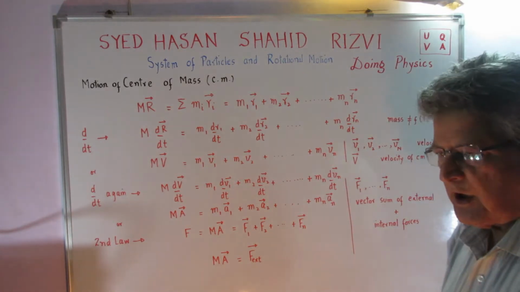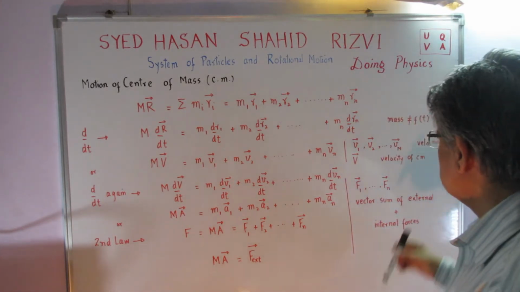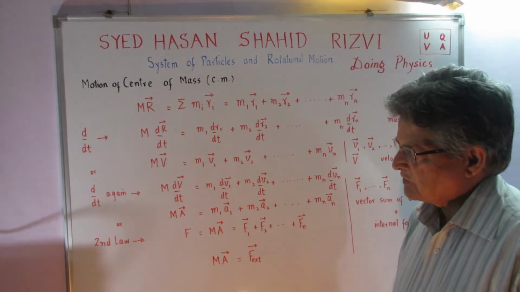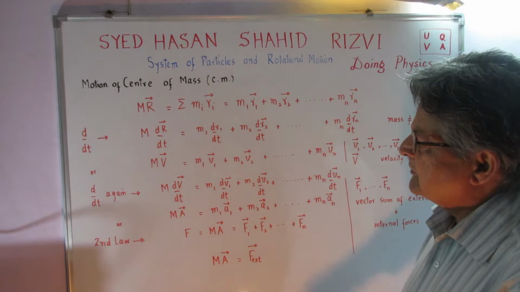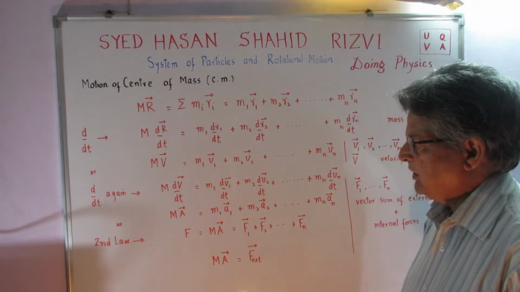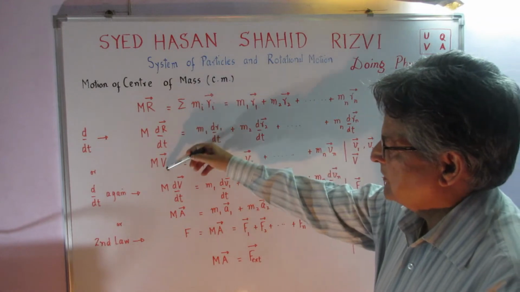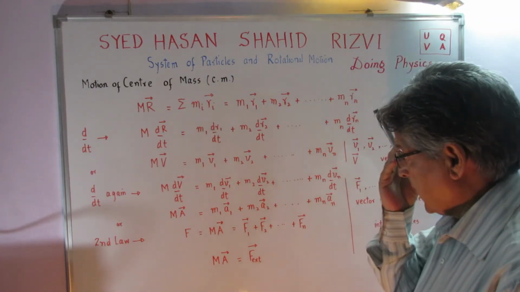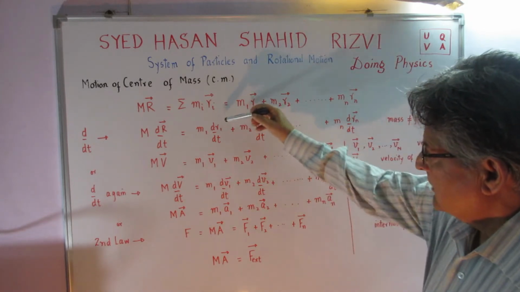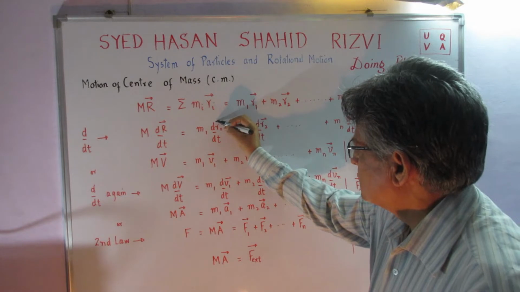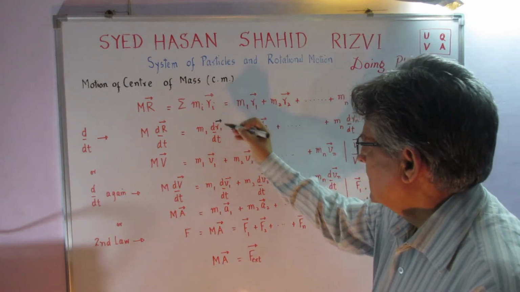Of course, we have taken that the mass is not a function of time, so mass is a constant in this relation. I can readily write from the definitions that we have in kinematics that dR/dt is the velocity, which I've written as capital V, and dr1/dt is v1.